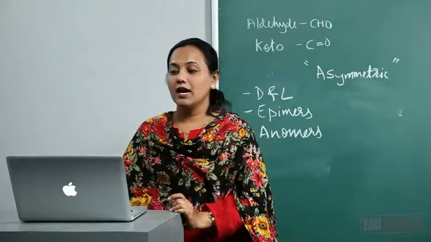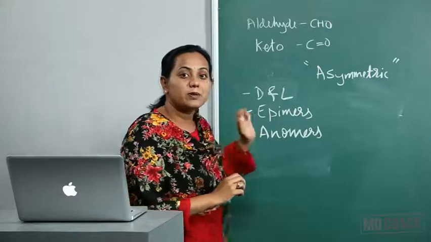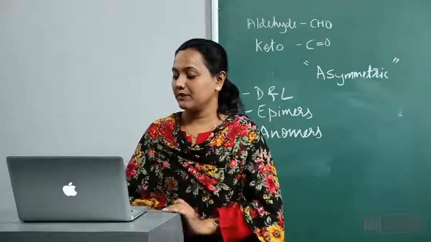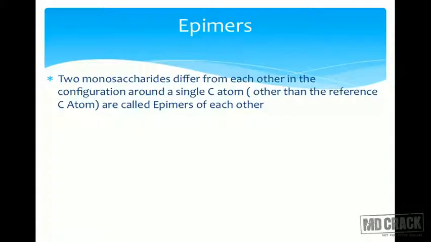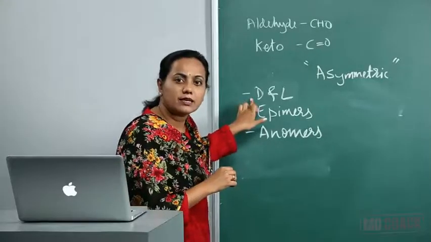Now we go further. As I said, the next type of isomerism that is possible is epimers. So what is this epimers? When two monosaccharides differ from each other in the configuration around a single carbon atom, no other carbon atom, only around a single, only one carbon atom, only then we call them epimers. So what about D and L? Don't they differ around a single carbon atom?